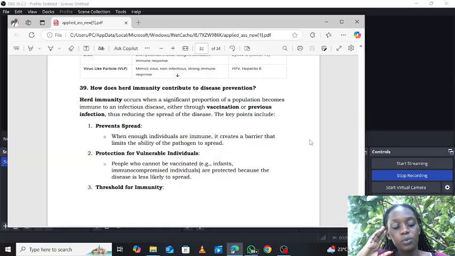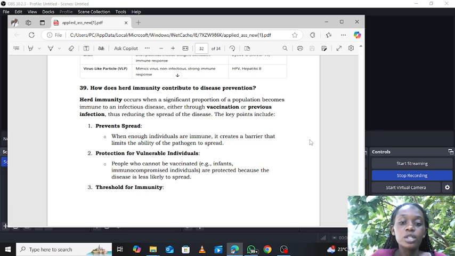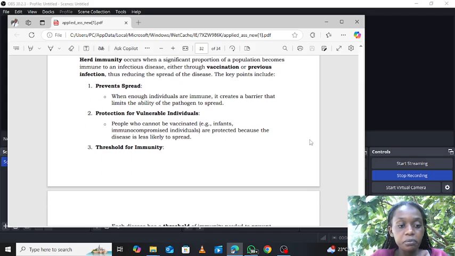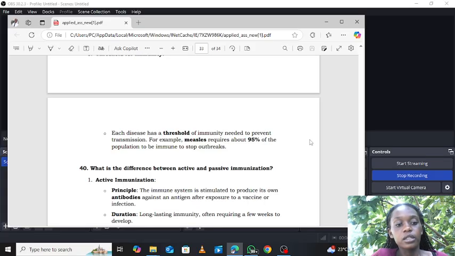When enough individuals are immune, it creates a barrier that limits the ability of the pathogen to spread. Second, protection of vulnerable individuals: people who cannot be vaccinated, like infants or immunocompromised individuals, are protected because diseases are less likely to spread. And each disease has a threshold of immunity needed to prevent transmission. For example, measles requires about 95% of the population to be immune to stop outbreaks.